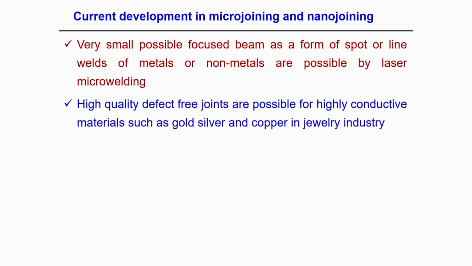High quality defect free joints are possible for highly conductive materials such as gold, silver, and copper in the jewelry industry, specifically using different micro welding or micro joining technologies.